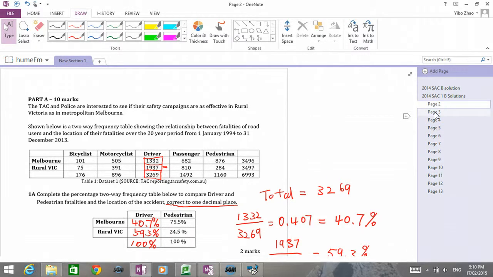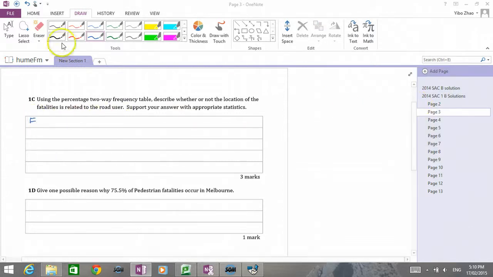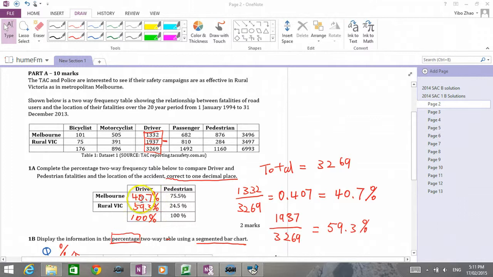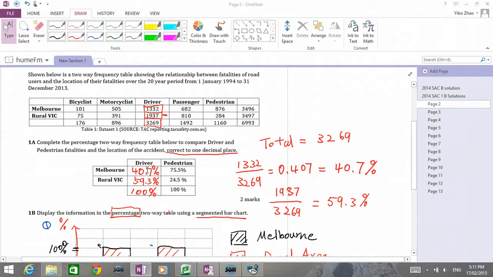Okay. So in order to get full marks, what I can say is, from the table, we can say that there is a fatality of 40.7 percent.